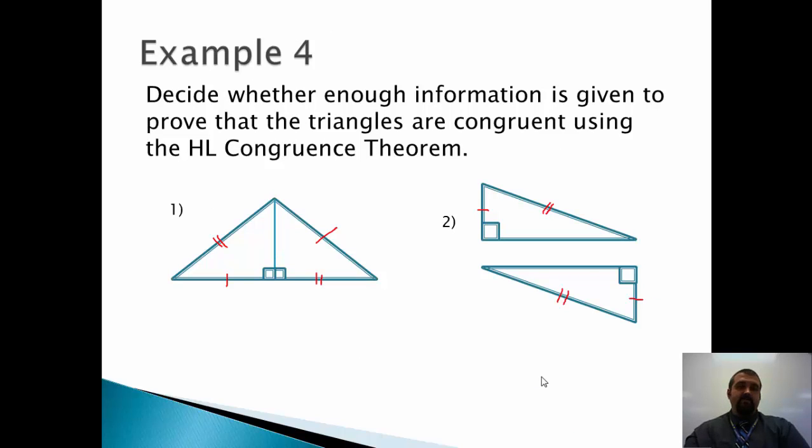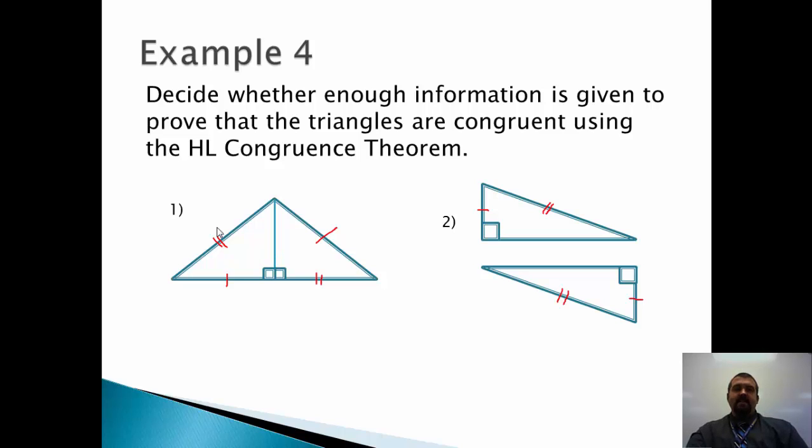With everything that we know, decide whether enough information is given to prove that the triangles are congruent using the hypotenuse leg congruence theorem. Well, if I look in number 1, I have a hypotenuse and a leg marked as congruent to a hypotenuse and a leg over here. No, not even a chance.